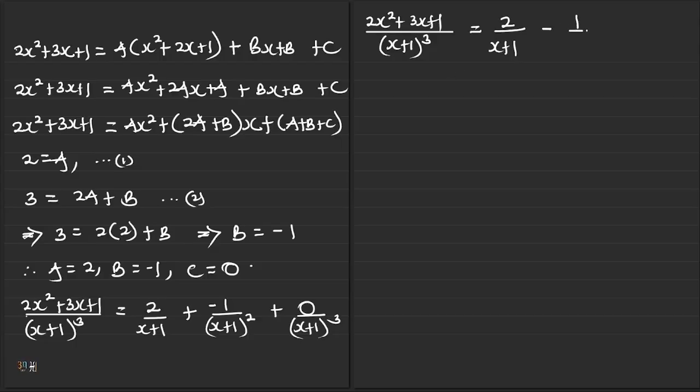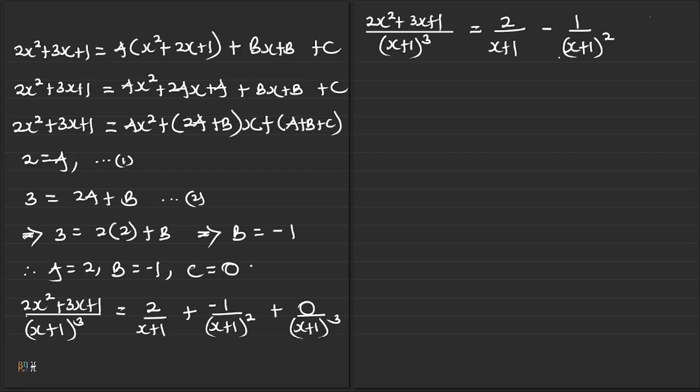So I have 1 minus x plus 1 all squared, and then there will be no need bringing the 0 because 0 over anything is still 0. So you should notice that the term with the x plus 1 to the power 3 vanished because the c is what? Equal to 0.